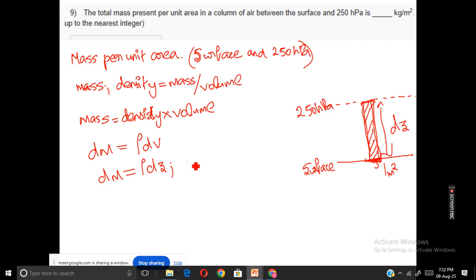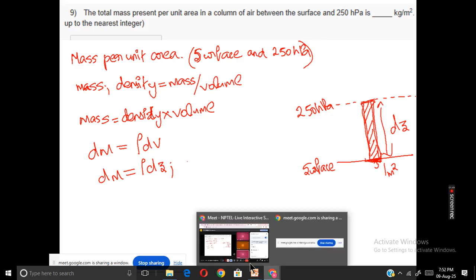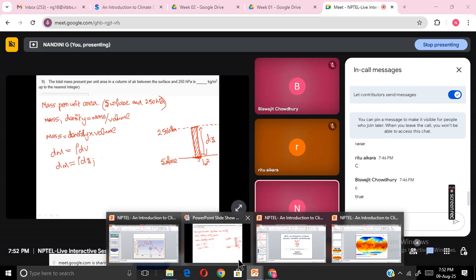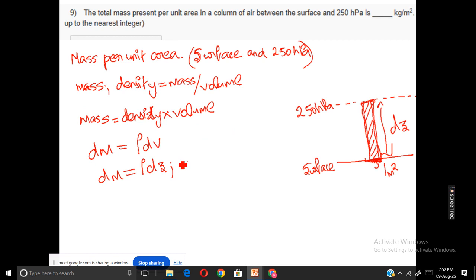If you remember the hydrostatic equation that we learned in the last class, it is given by dp by dz is equal to minus rho g. From this we can find the value of rho dz, which is dp by g is equal to minus rho dz, correct?